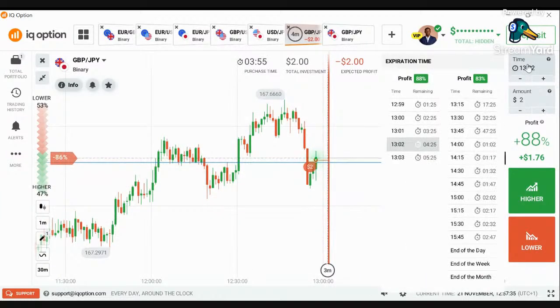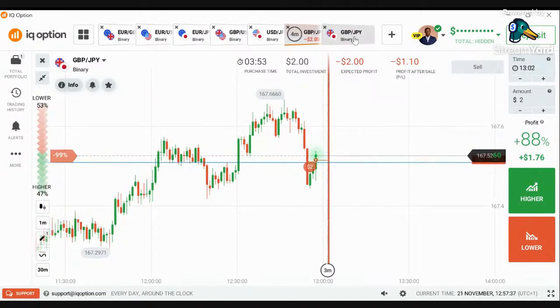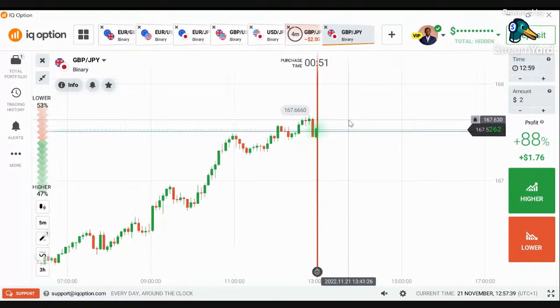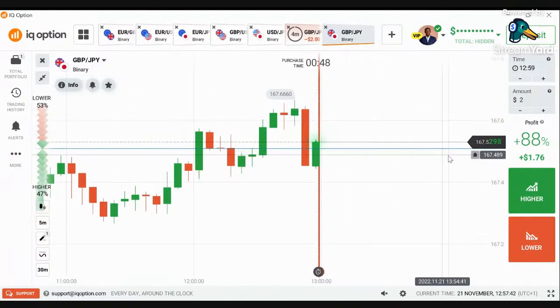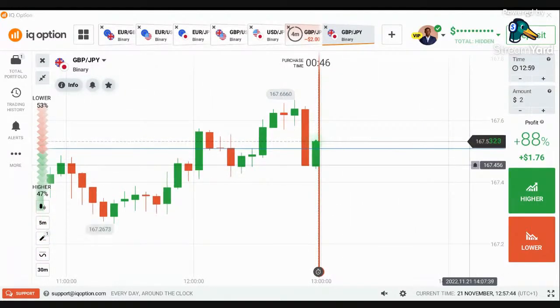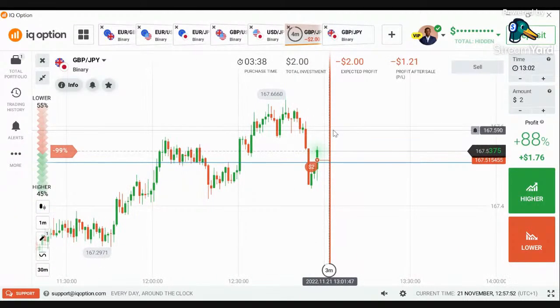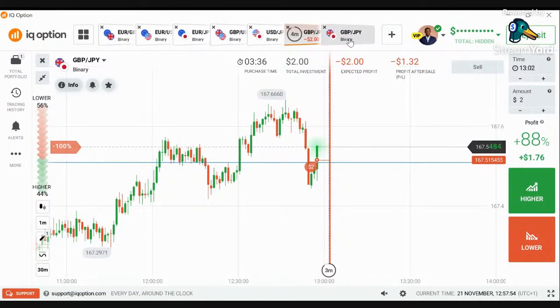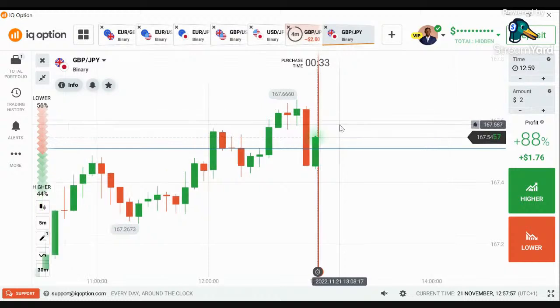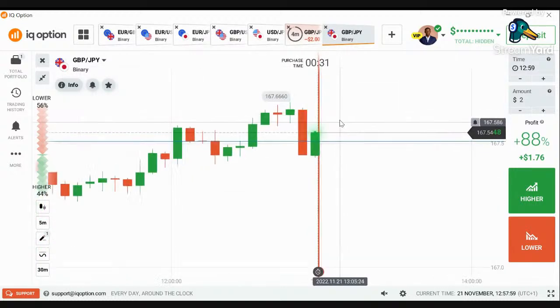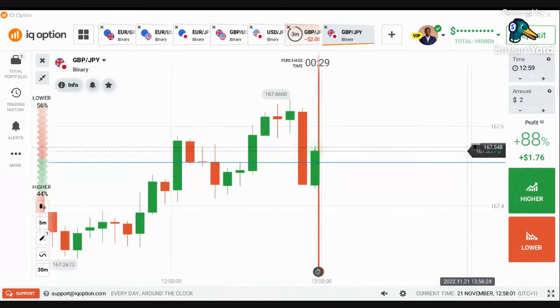I'm going to sell there for 4 minutes, since we're expecting the market to continue the lower high we've seen. That's why I'm selling there for the next 4 minutes on GBP. Probably at the close of this candle, we should start getting some sellers now into the market.